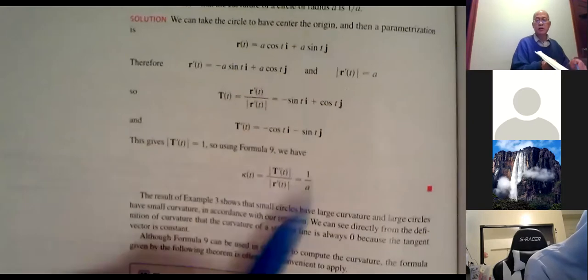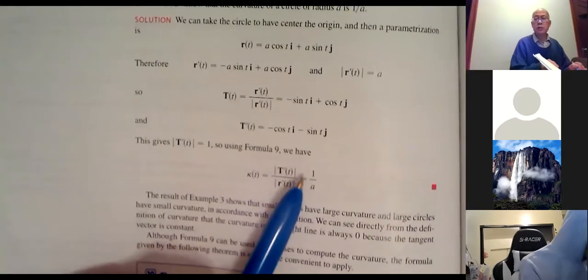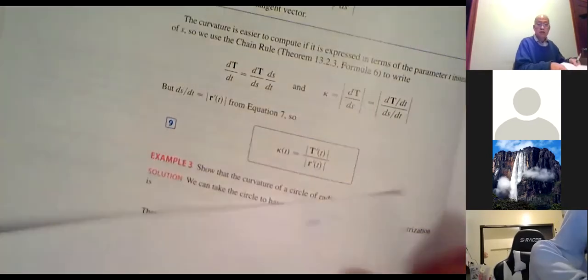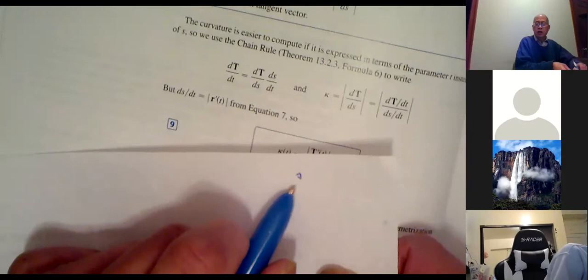Okay, so just a side note: if you have a circle with a very small radius, if I were to draw something like that, it has high curvature.